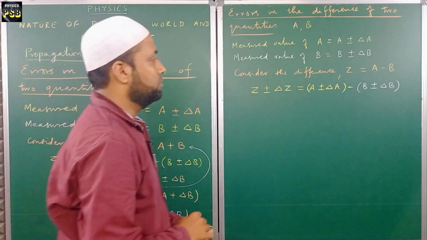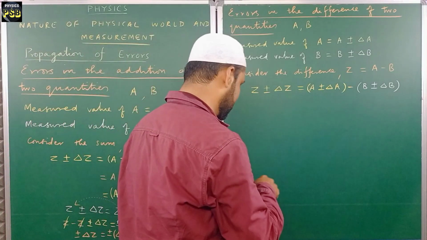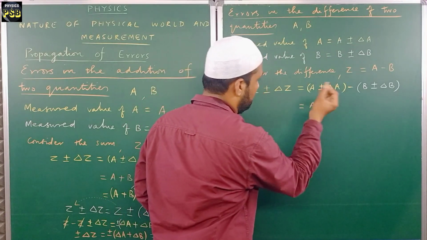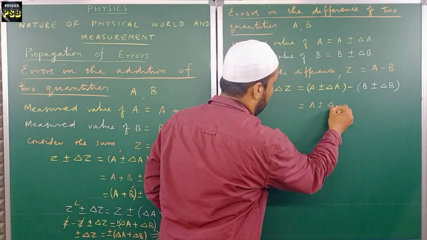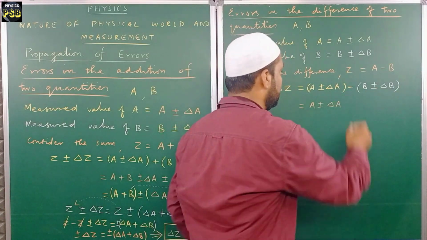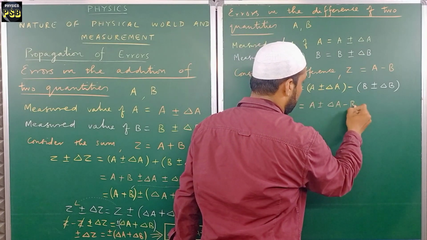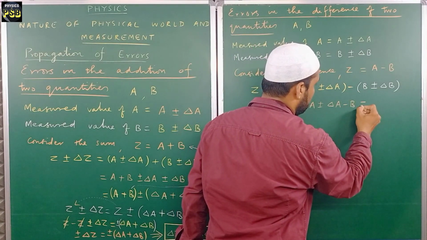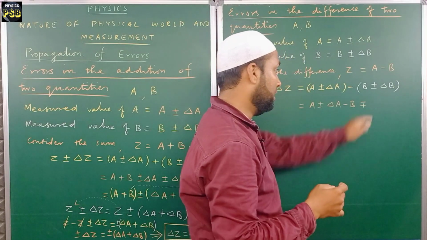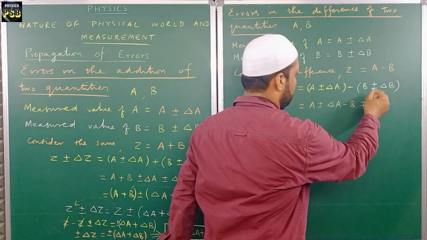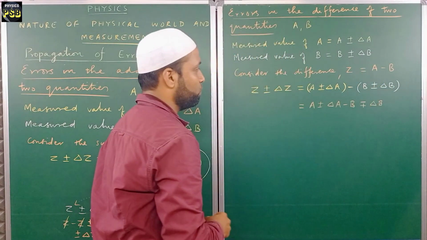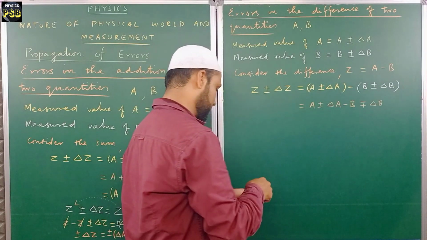Fine. Now I am going to expand this. Look carefully at what method I follow. Here A is kept as such. Now each term is multiplied with the minus sign. So minus of B is minus B, and plus will become minus, and minus will become plus on multiplying this with minus sign, so delta B. Now I rearrange it.